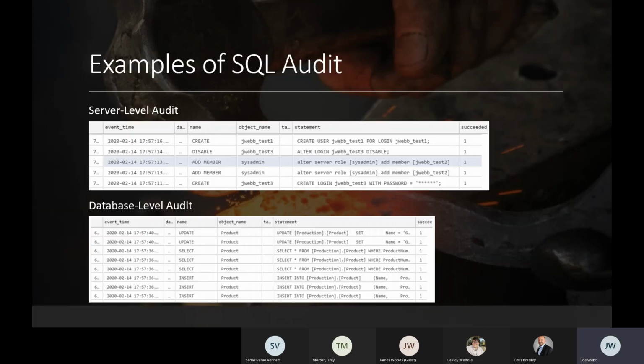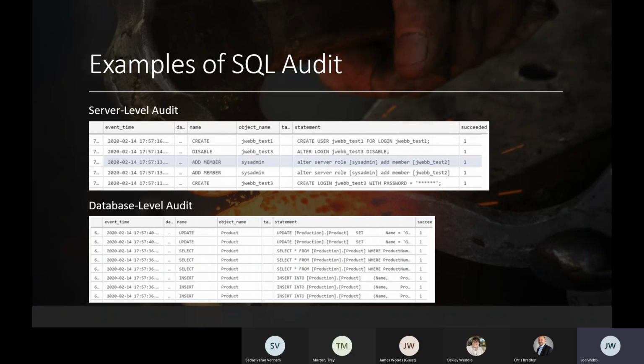One thing that is not captured here is the before and after of an update. So we can see that an insert was issued. We can see a select statement was initiated.